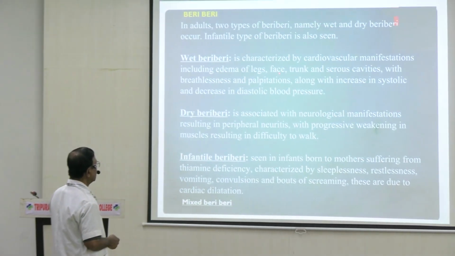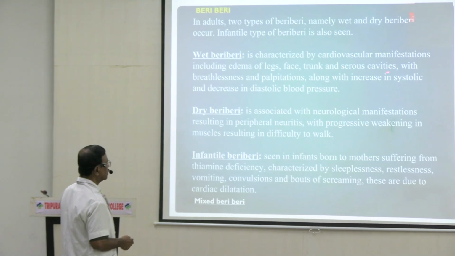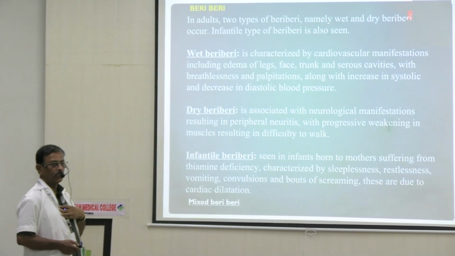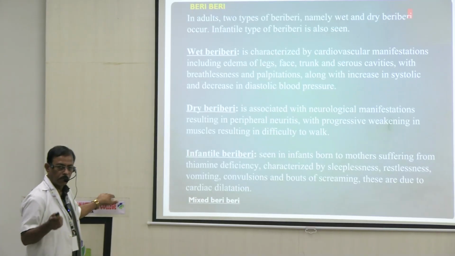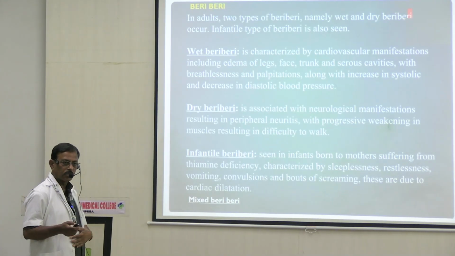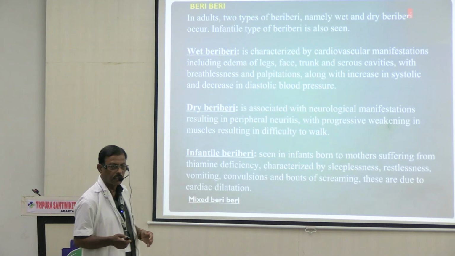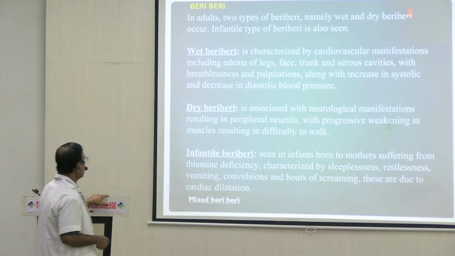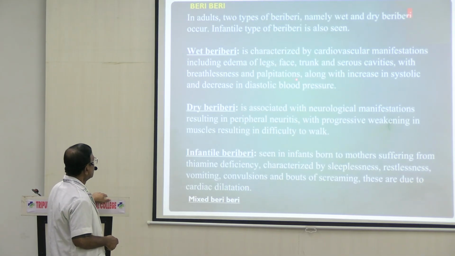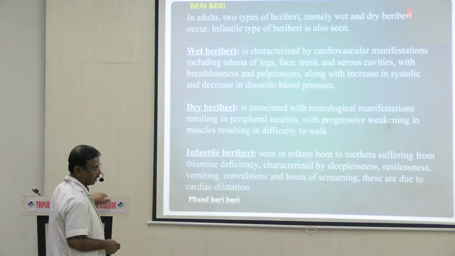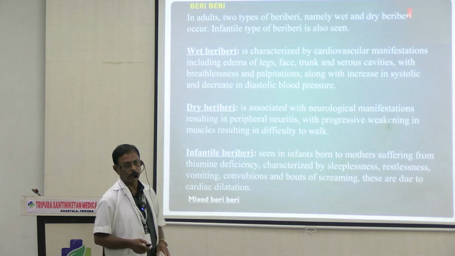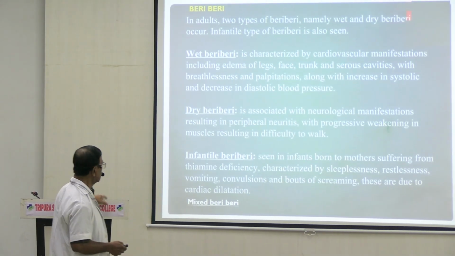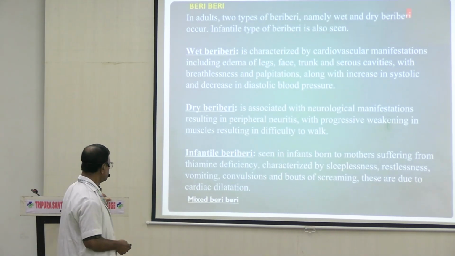There will be edema in leg, face, trunk, and serous cavities. Means in the chest cavity there may be edema, and in the abdominal cavity there may be ascites. Collection of fluid in the abdominal cavity is called ascites. Now there may be palpitation along with increase in systolic and decrease in diastolic pressure. So the pulse pressure will be increased. You will know in physiology what pulse pressure is.